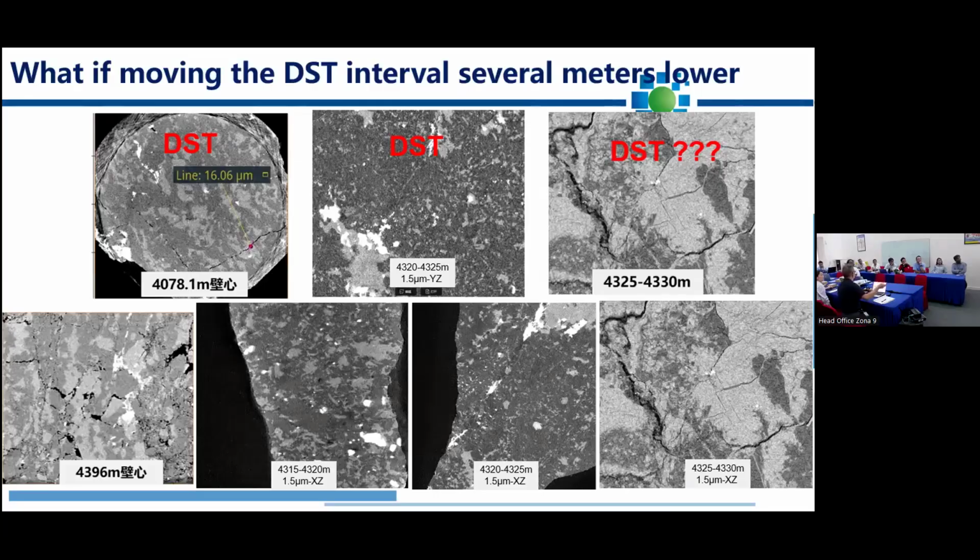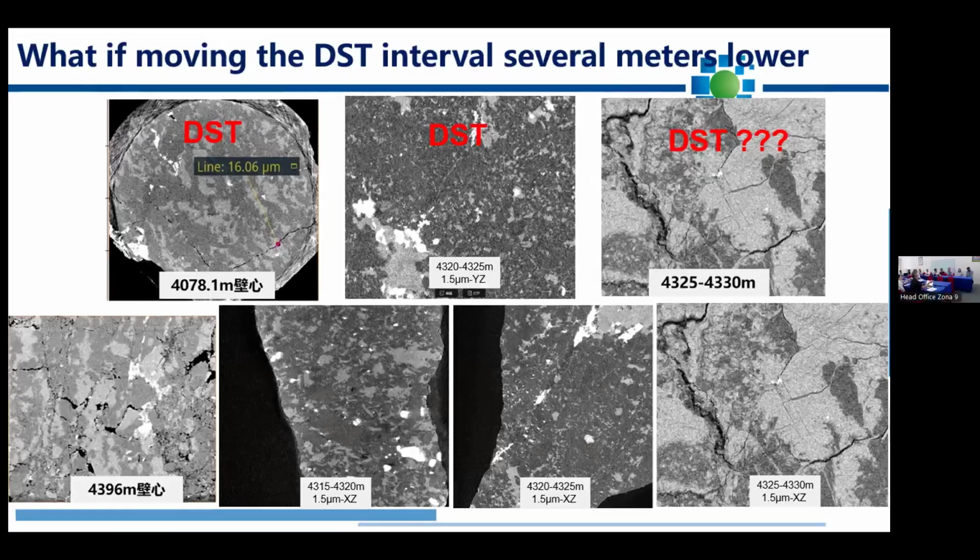They only recovered filtrate fluid from this interval, with no hydrocarbon recovered. They got some hydrocarbon recovered on this interval. Just look at the depths of this sample: 4320, 4325. They got some oil recovered.